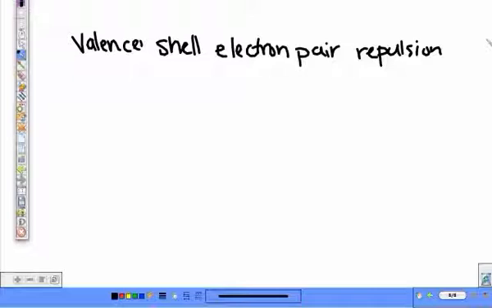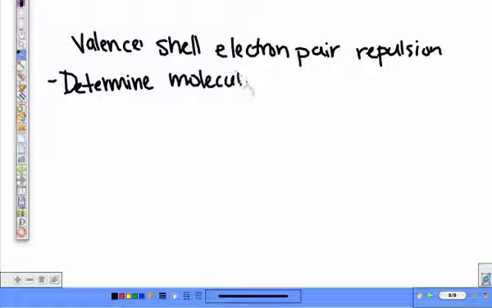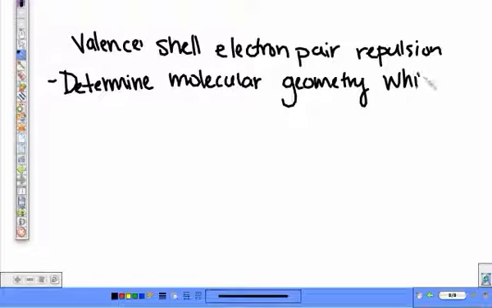So that's just saying that all these valence shell electrons are trying to get as far apart from each other as possible because they repulse each other. And that will determine the molecular geometry, which will influence the molecular polarity.